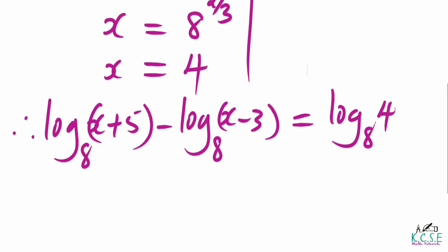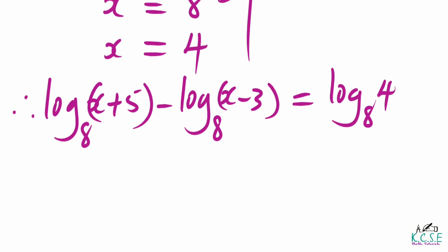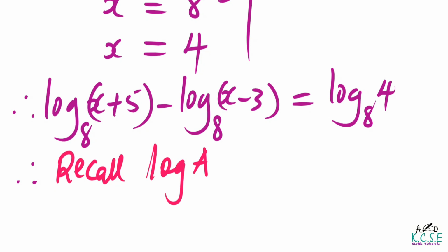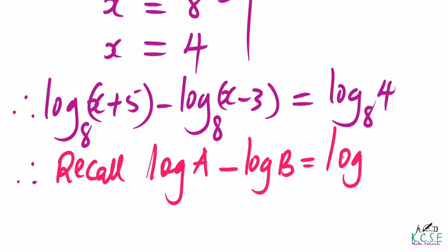So the second thing, recall that logarithm of a subtract logarithm of b is given by logarithm of a divided by b. So this is a basic law of logarithm.